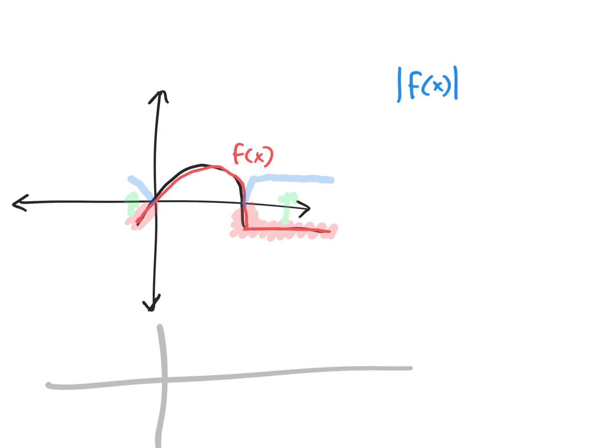Here's what it would look like. And where it would have gone down below, it's going to bounce up. There. I absolute valued the function, the whole function.